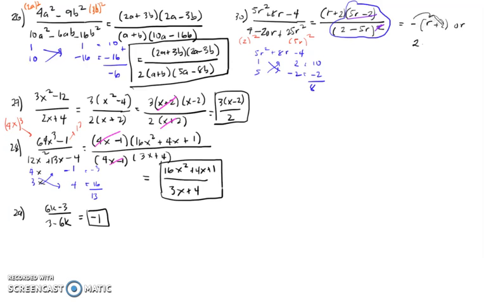distributing negative, that will become negative 2 minus r, or negative r minus 2. Okay, so these are your final answers.